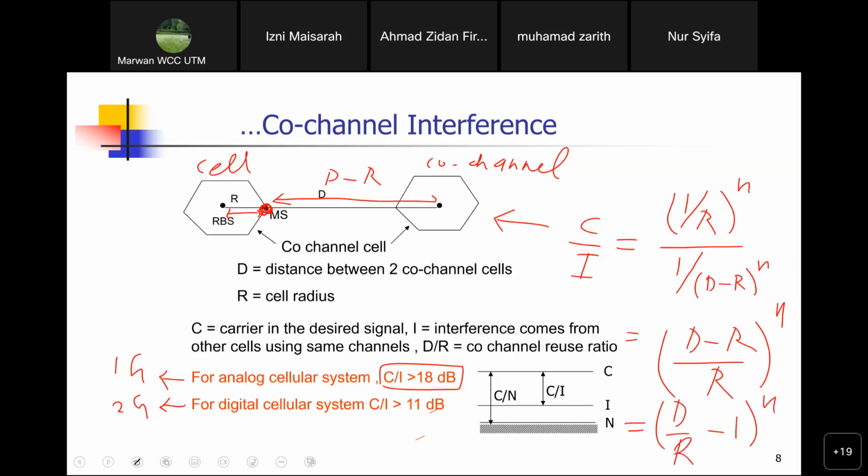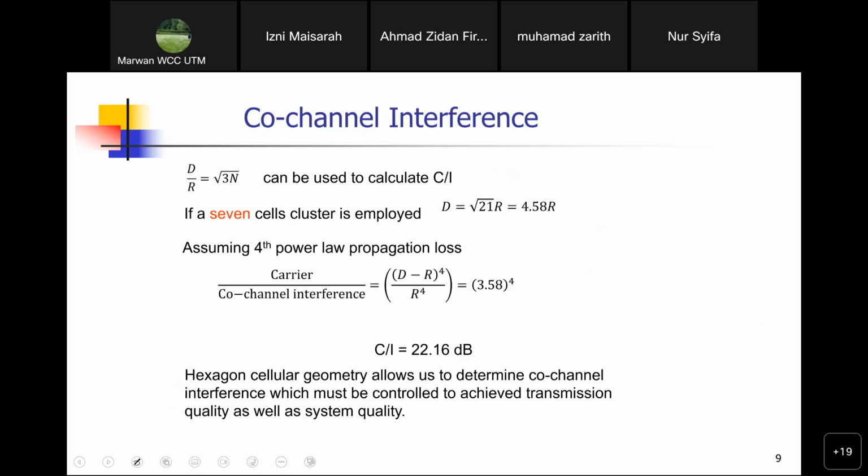Your C over I is nothing else than Q minus 1 to the power of n.